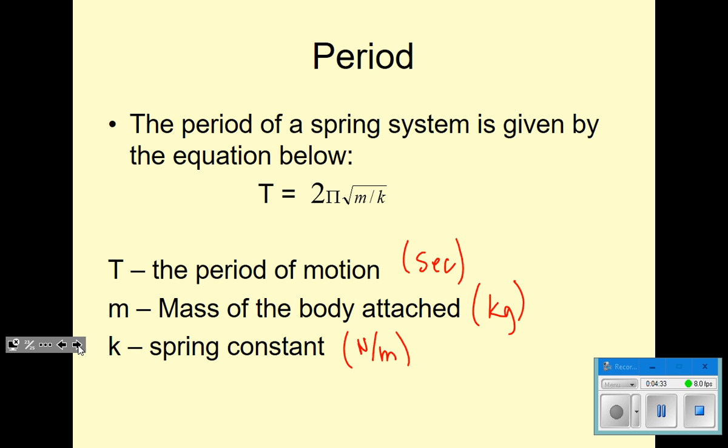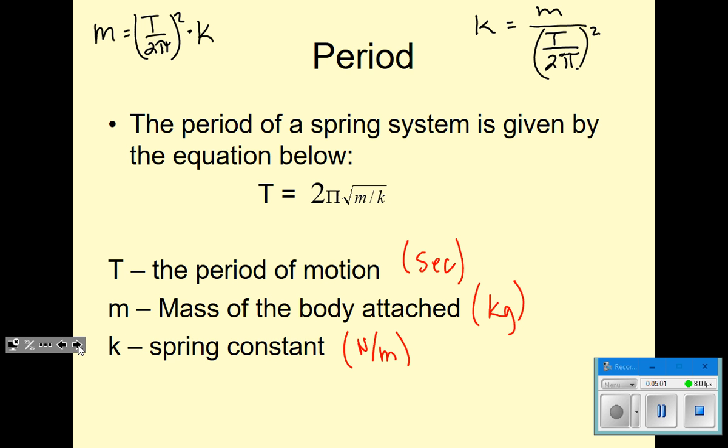Now, if you wanted to use this formula to calculate mass, then the rearrangement would be T over 2 pi, all squared, multiplied by K. If you want to solve for K using this formula, you could do mass divided by T over 2 pi, all squared.